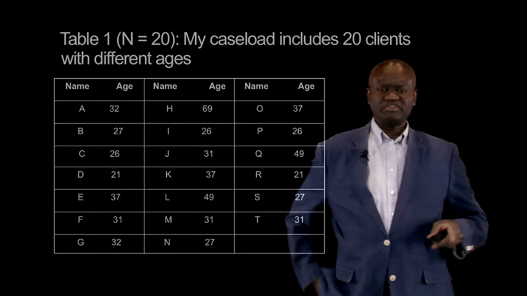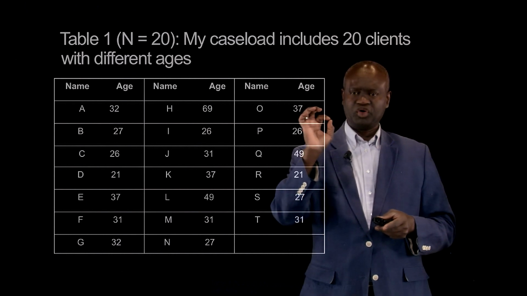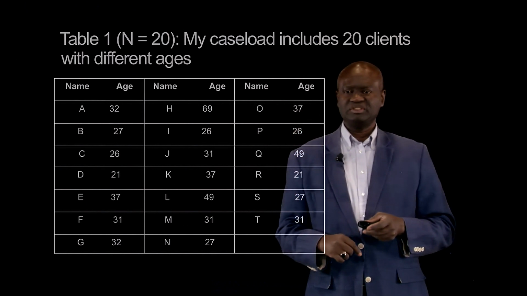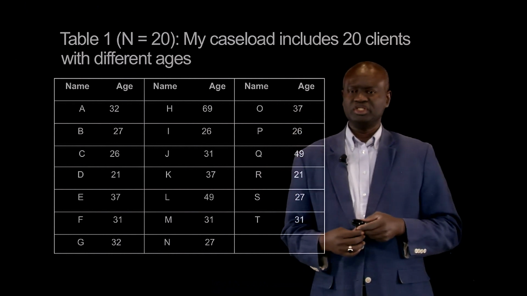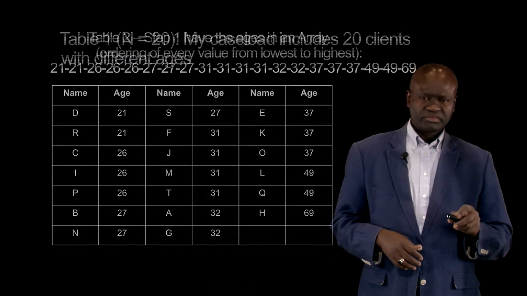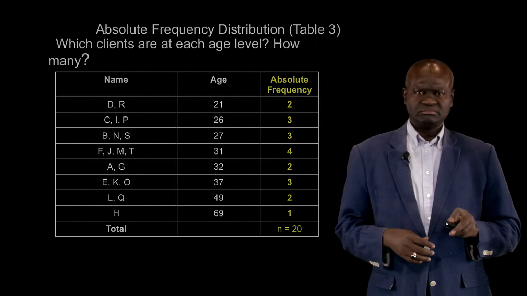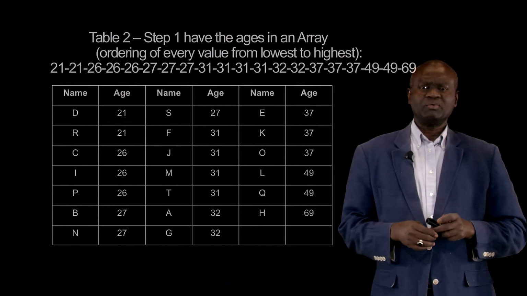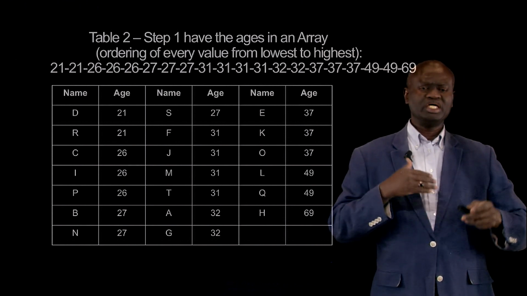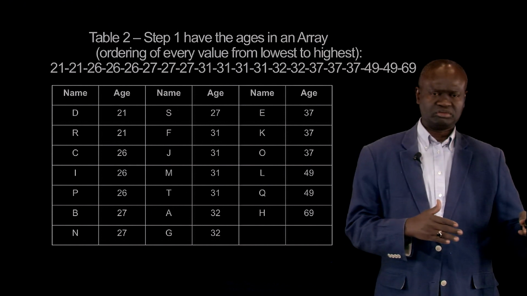So we have all of them. You interview them, A, B, C, D, and for each person, you have the age, near the name. Then what we do is we order the numbers, we order the ages.